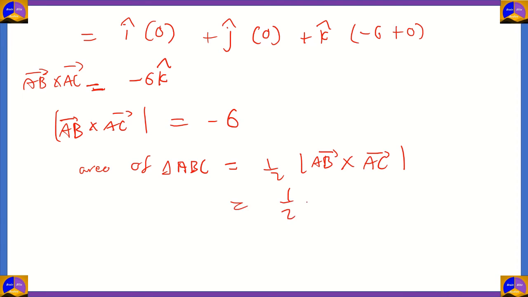So that is half times of 6. There is no minus because it's a modulus value. So half times of 6 is equal to 3 square units because we're finding out area. So once again, don't forget to write down square units at the end, otherwise you'll lose your marks.